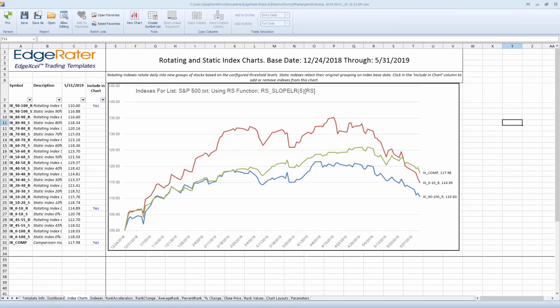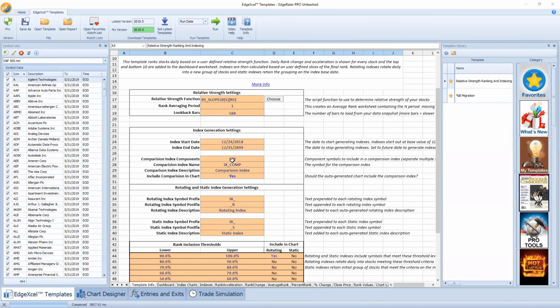Okay, that was a repeat of that question. Thank you. Okay. Does the composite index symbol have to be in the symbol list? That's a great question, and I didn't mention that. The symbol that you choose to use to run your comparison against, you could choose one symbol, in this case SPY. You could choose two symbols. You could say SPY, comma, IWM, or 3. Just separate them by commas.